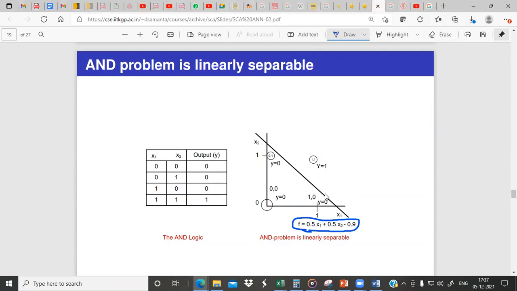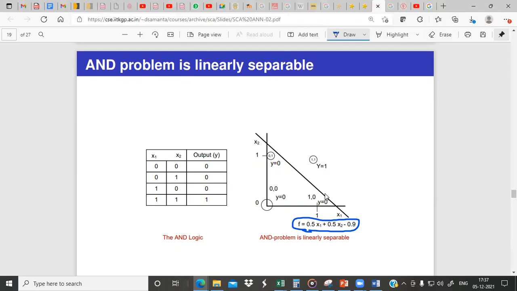So when x1 is 0 and x2 is 0, if you apply in this equation, what will you get? It is 0 into 0.5 plus 0 into 0.5, that is 0. 0 minus 0.9 is minus 0.9, right?